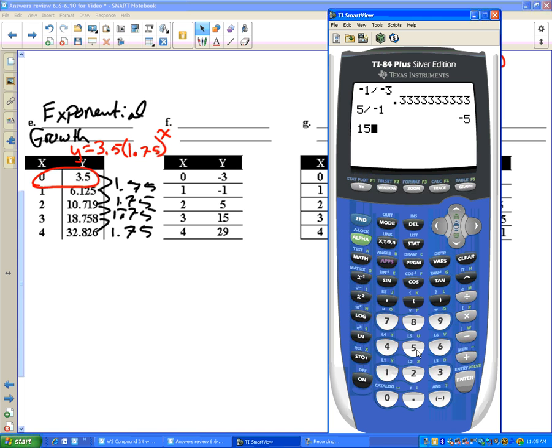If I do 15 divided by 5, I'm going to get a 3 again. If I do 29 divided by 15, I'm going to get 2. None of these work. So this is not exponential. So let's do our differences.